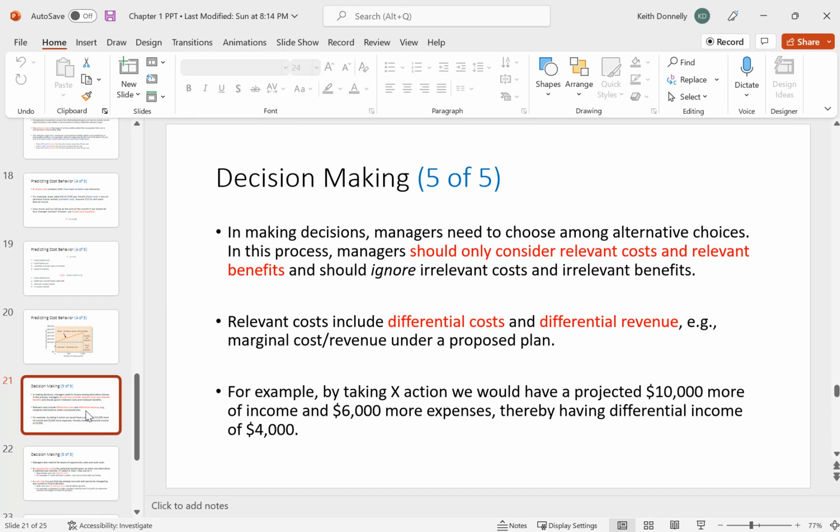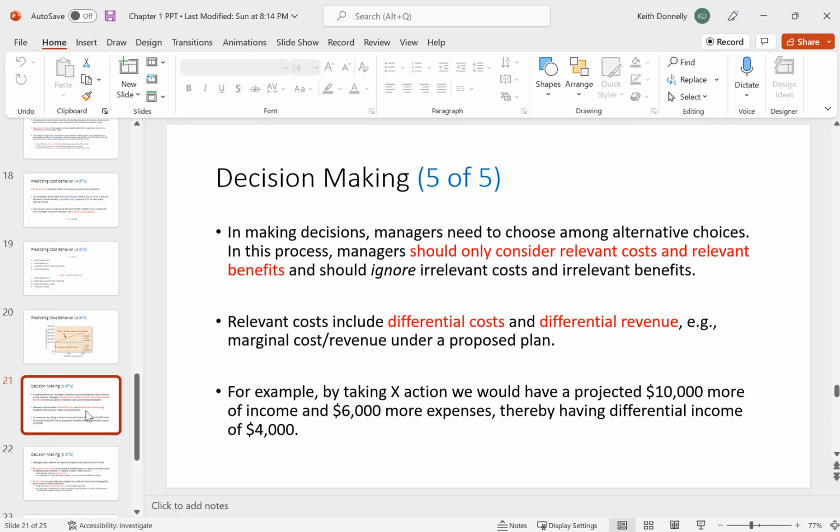Now, relevant costs, these include differential costs and differential revenue, kind of like marginal cost, marginal revenue under a proposed plan. So, for example, if internally to the business, we want to take X action, maybe make a new product, we would have projected $10,000 more of income and a projected $10,000 more of expenses, namely our differential revenue and our differential costs, respectively.